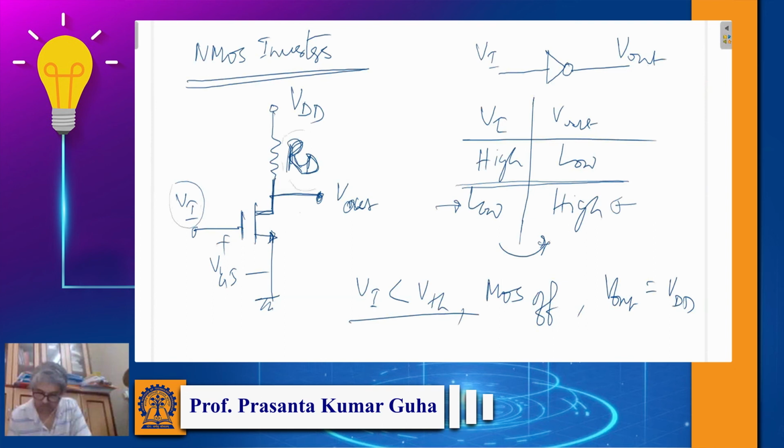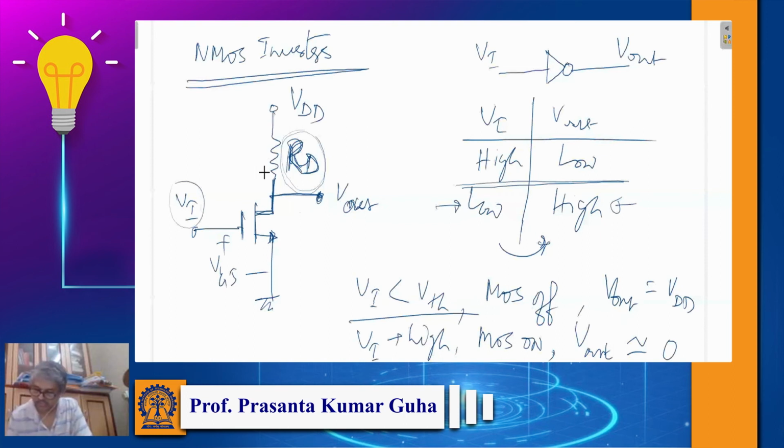The MOSFET is on and the current is very large, so there will be a lot of voltage drop across RD. IDS times RD is quite large, and so Vout will be nearly equal to 0, because the entire voltage will be across RD.